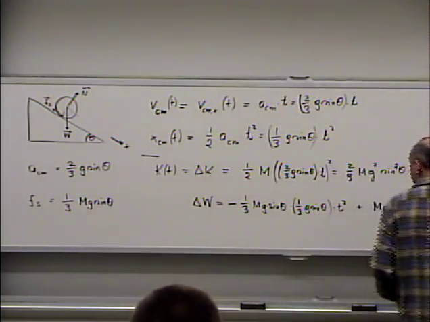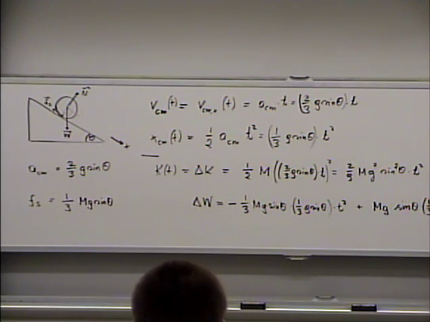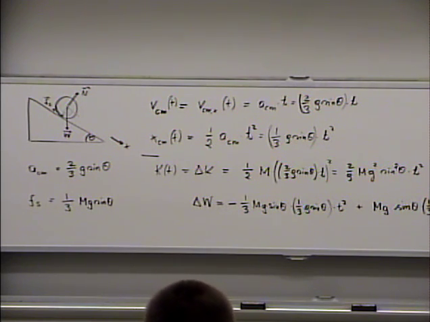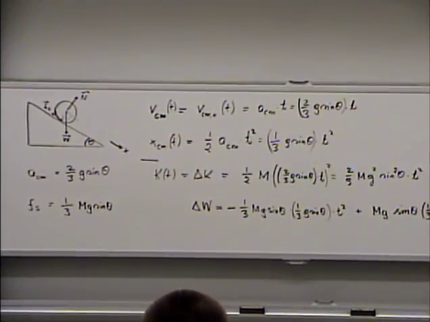If I recalculate that, I get 2/9 of the mass of that disk, times the square of the acceleration due to gravity, times the square of the sine of the incline, times the square of the time. This was the work done on the center of mass.